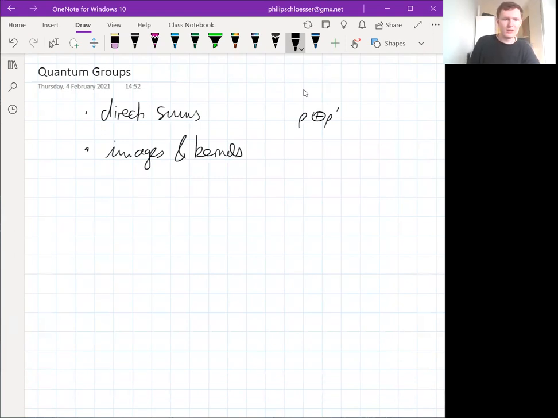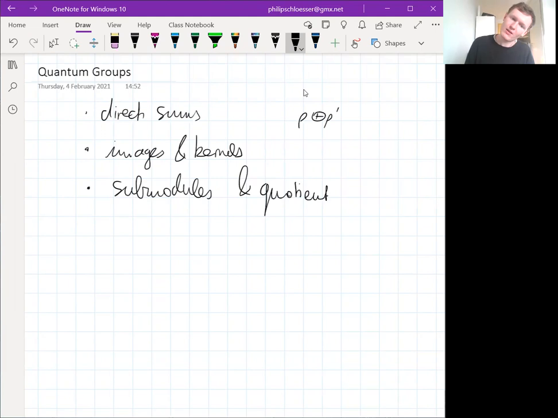And we were able to speak about submodules, quotient modules, and stuff like that. And quotients. So the whole thing of taking co-kernels was also possible.